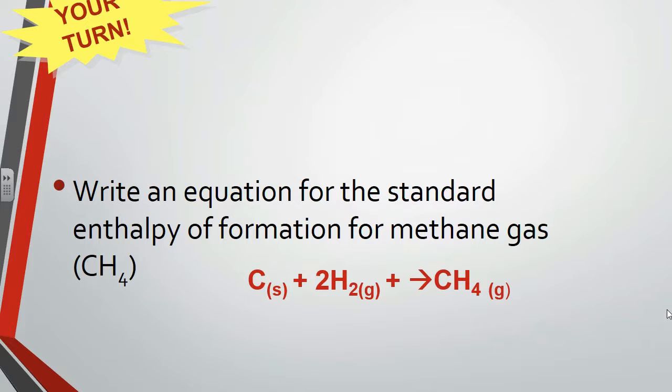Chlorine would be a Cl2. Bromine would be a Br2. Any of these are always going to be diatomic, meaning that they have 2 atoms. And so if you ever have hydrogen by itself, it has to be an H2, which means that if I need to get 4 of them to balance out with the 4 that's over there, then I'm going to have to put the coefficient of a 2 in front of it to balance it out.